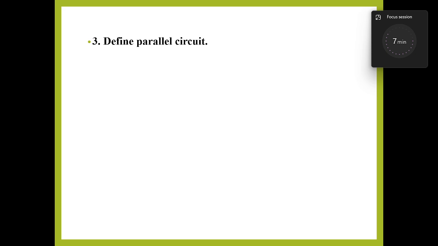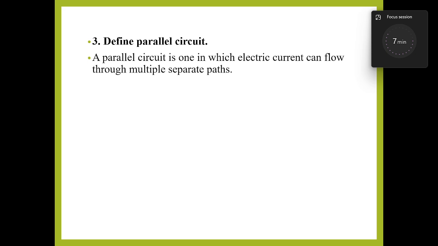Next, define parallel circuit. Just we have defined it. A parallel circuit is one in which electric current can flow through multiple separate paths. Or you can say the components are connected one below the other, creating multiple separate paths.